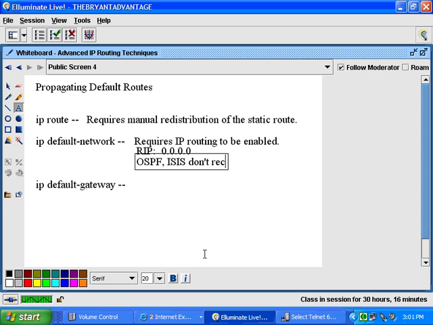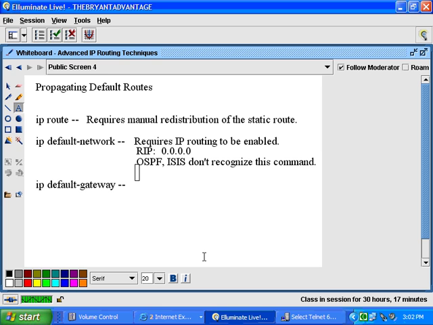So they don't recognize this command. Now IGRP and EIGRP do. What you should see is the full network number marked as a default route. But getting that to work with IGRP and EIGRP is not easy at all. It's just that those two protocols simply don't seem to like IP default network. That's more of a real-world piece of knowledge than for the exam.